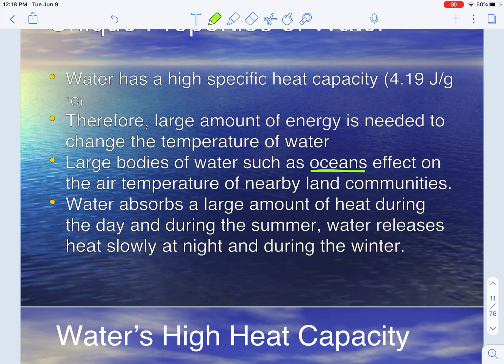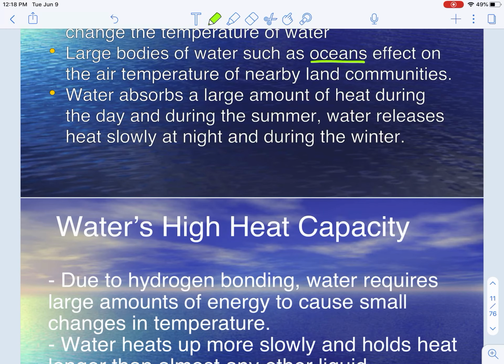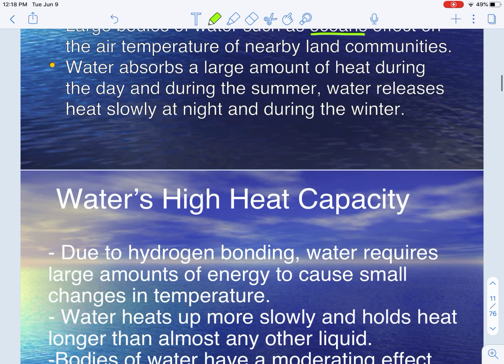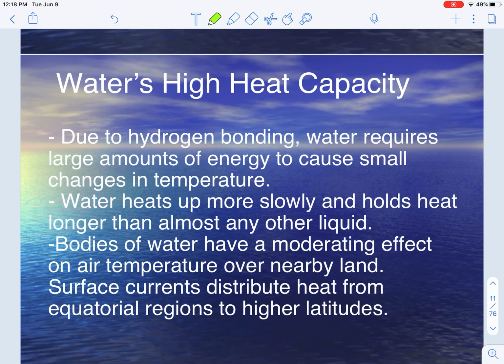And so it does a lot of absorbing in the hot hours of the day, and then it releases that stored energy in the cooler hours of the day. The same goes for absorbing a lot in the summer and releasing a lot in the winter. So those large bodies of water help to moderate temperatures for all cities situated near oceans or large bodies of water like the Great Lakes.